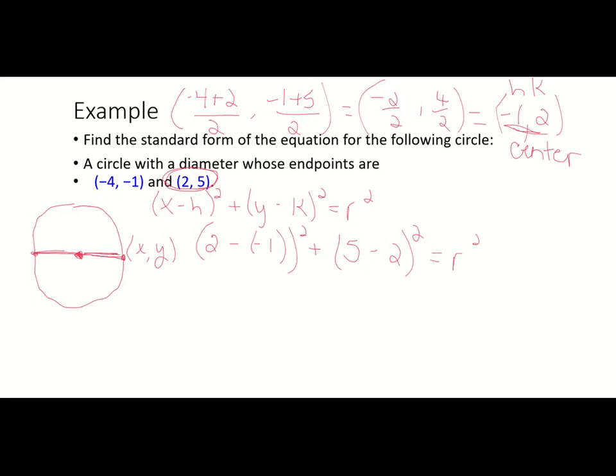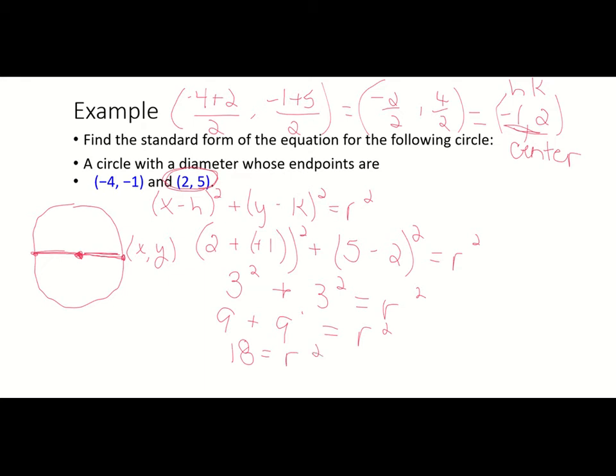2 minus a -1, remember you make it plus a positive, so you end up with 3 squared plus 5 minus 2, which is 3 squared, and that equals r squared. So 3 squared is 9, plus 3 squared is 9, and 9 plus 9 equals 18.